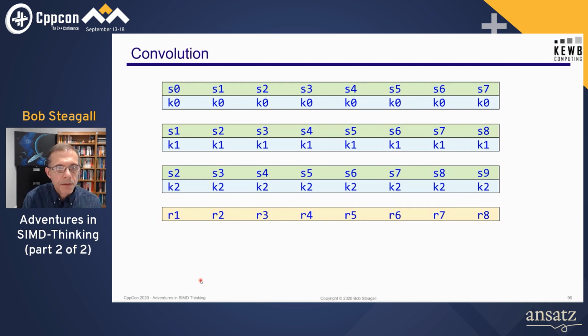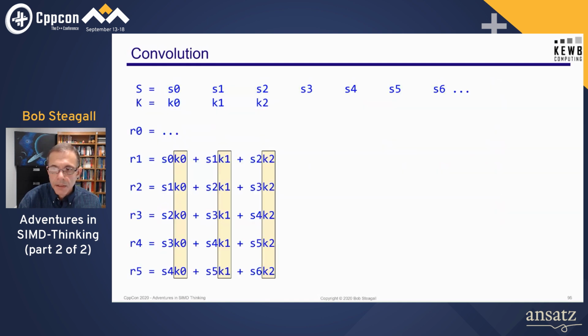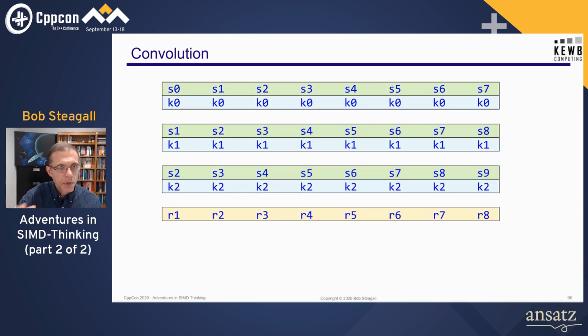So I said, all right, let's think about it in terms of registers. Let's take this diagram and transpose it around the major axis. So here we've got our signal, and we've got the values of the first convolution kernel element. And we've shifted the signal, and we've got the values of the second convolution kernel element.